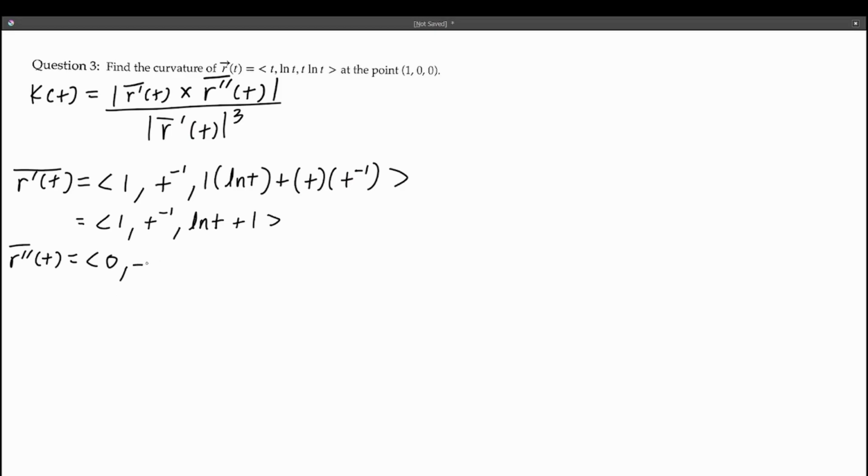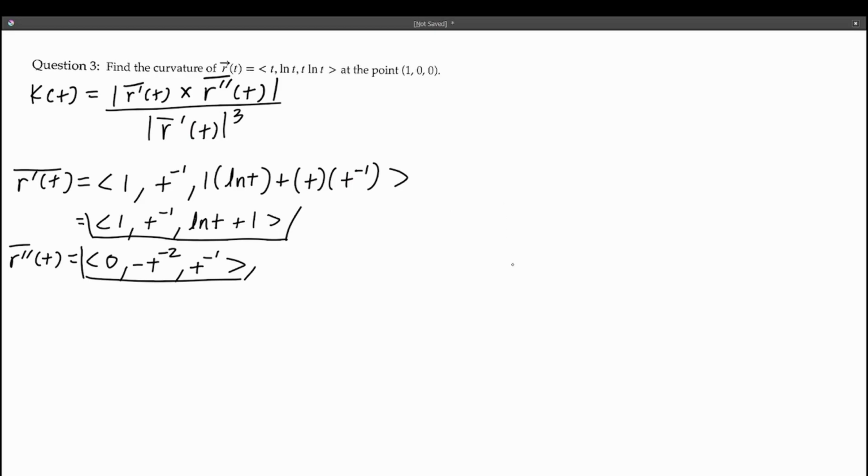Derivative of t to the negative 1 is negative 1 times t to the negative 2. And then the derivative of ln t plus 1, that's 1 over t, or t to the negative 1. And then 1 is a constant, so that'd just be plus 0. So there we go, that's the second derivative of r(t), and this is the first derivative of r(t) up here.